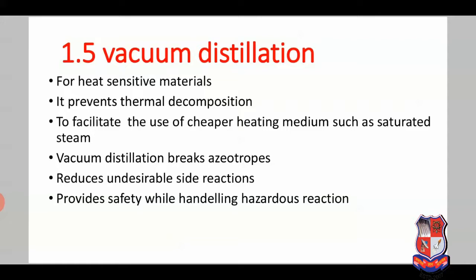If we use vacuum distillation, then the operating temperature will go down because the boiling point goes down. Thus, we need a cheaper heating medium such as saturated steam. We don't need heating oils or higher types of heating medium. Because of vacuum distillation, undesirable side reactions also reduce, and it provides safety in handling hazardous reactions also.